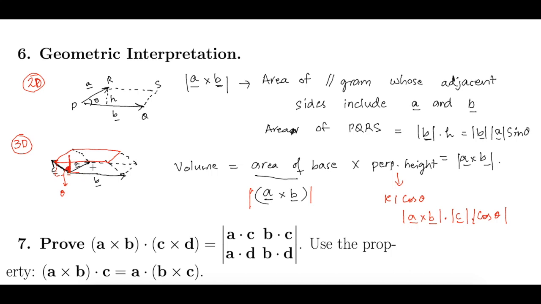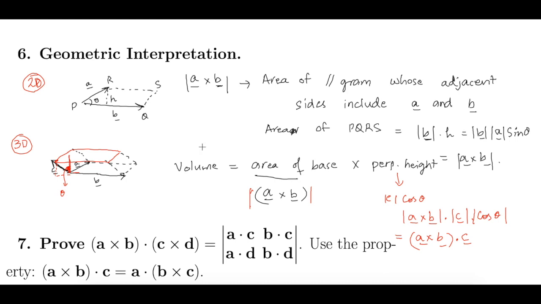If this is more than 90 degrees, we'll get a negative cos of theta, and we don't want that, okay? So then this is equal to the dot product: A cross B dot product with C, okay? So this is the volume of a parallelepiped, okay?